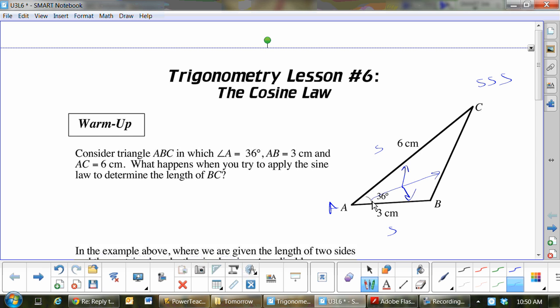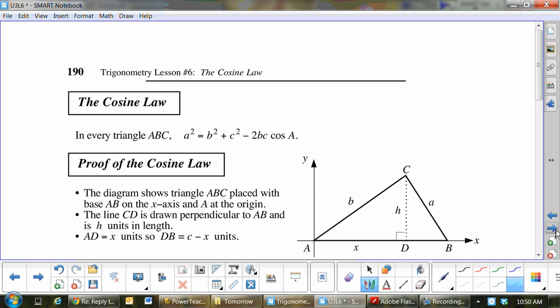So, let's actually turn to the next page. And at the top of the page is your cosine law, okay? So this is the cosine law. A squared equals B squared plus C squared minus 2BC cos A. Now, that's not a nice pretty one like A over sine A equals B over sine B. I like that one.